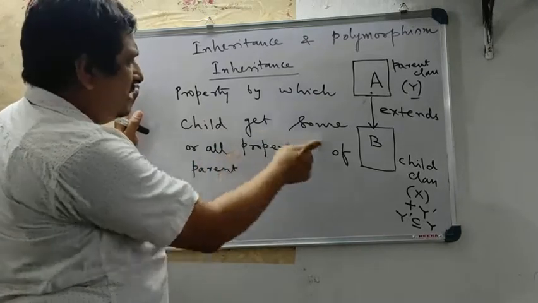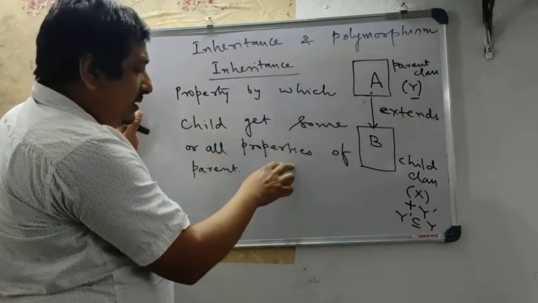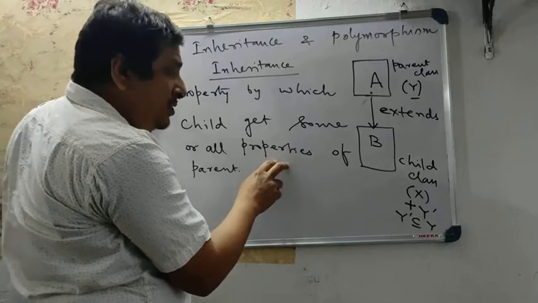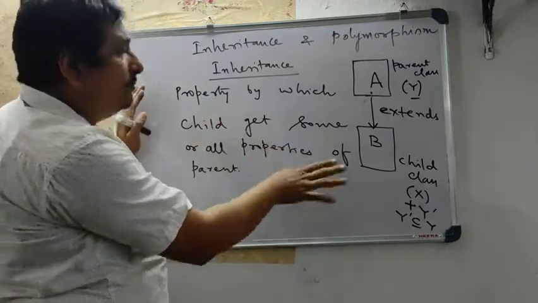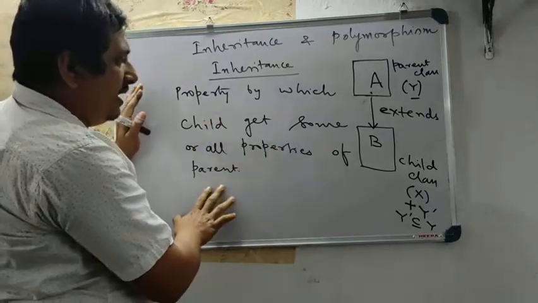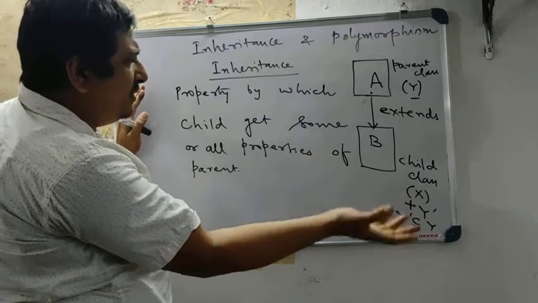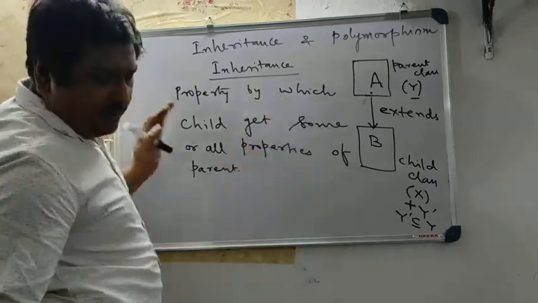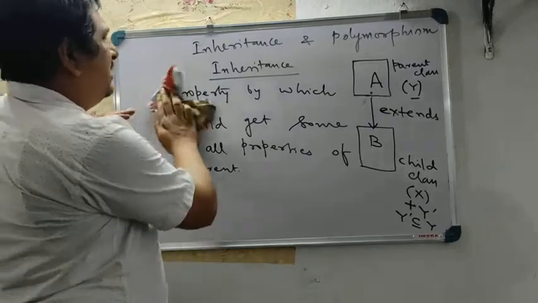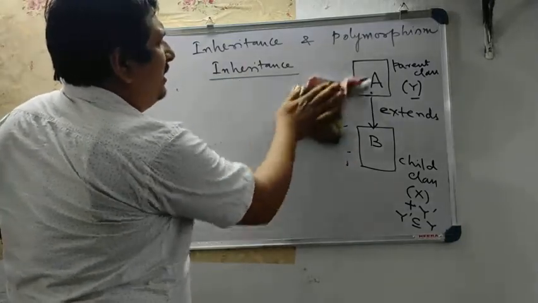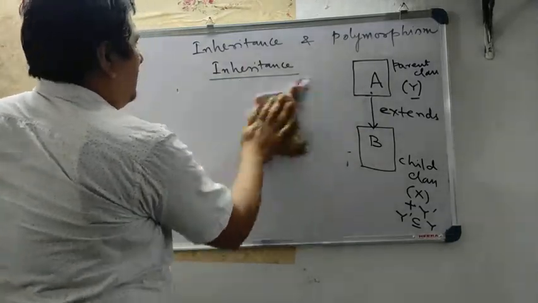Why am I writing some or all? Because the parent can share all or some part of it with its children. This is the concept of inheritance.